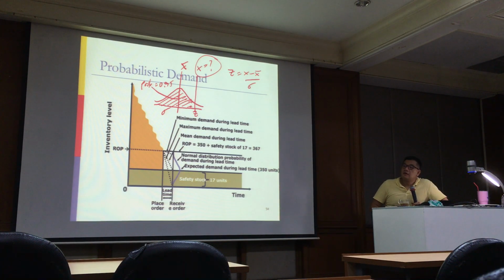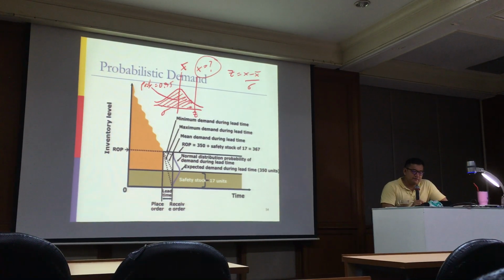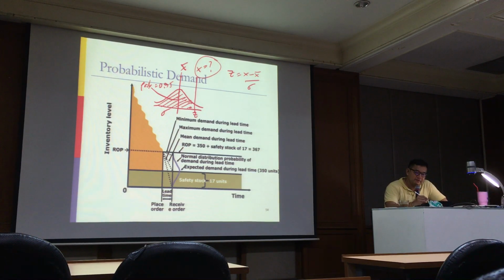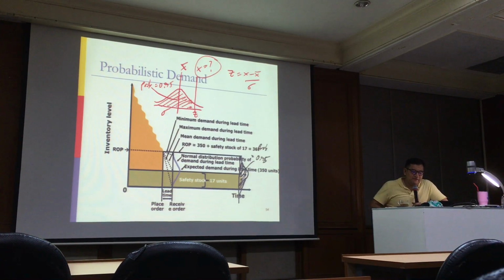Remember? So in this case, if you look at this graph, I'm going to show you here. It's just like this, okay? This is normal, but this is 95, probably equal to 95.